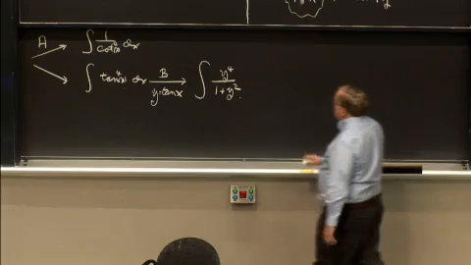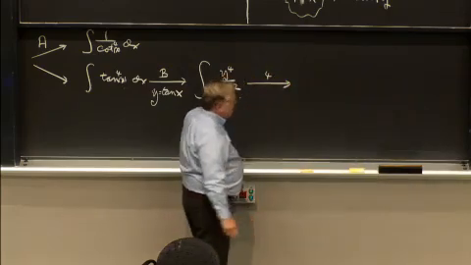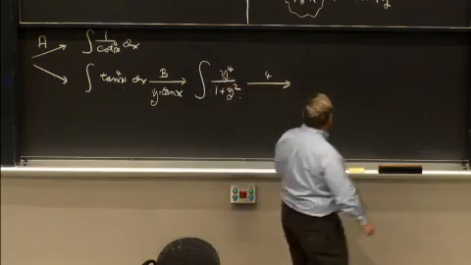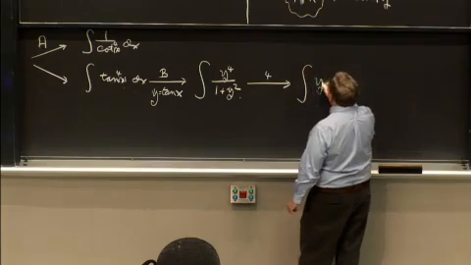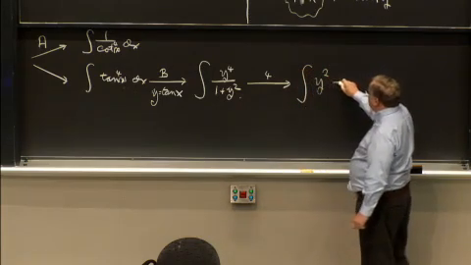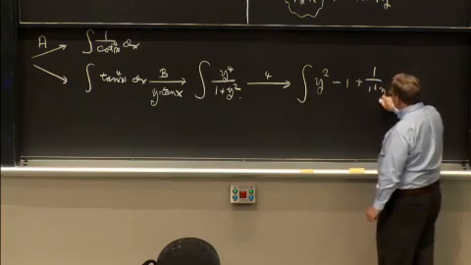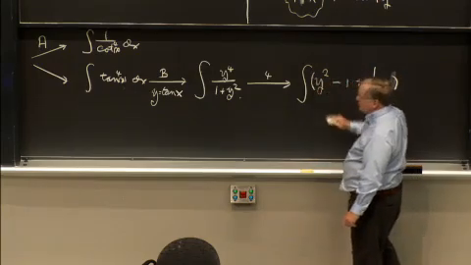That, by the way, is number 4. When I divide, I get what? Is anybody good at high school algebra? Y squared minus 2 plus negative 2 over 1 plus y squared. Exactly. Y squared minus 1 plus 1 over 1 plus y squared. I think.